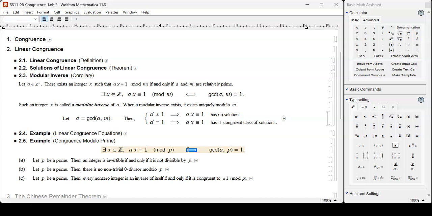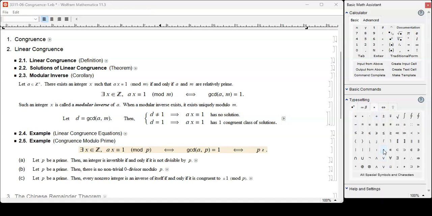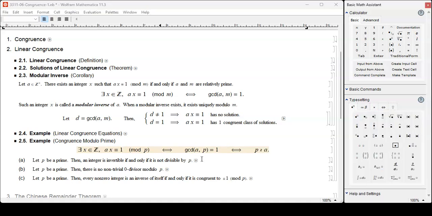So what do you mean by GCD of a and p is 1? p does not divide a. So this and that are equivalent. So the only way GCD of a and a prime is non-trivial, something other than 1, of course it should be p, and the greatest common divisor of something and p should be either 1 or p.